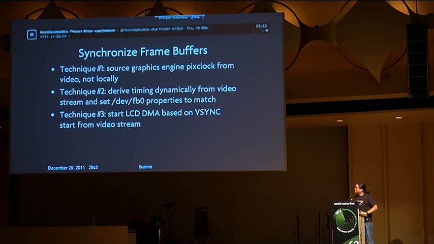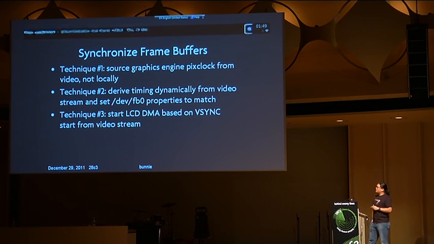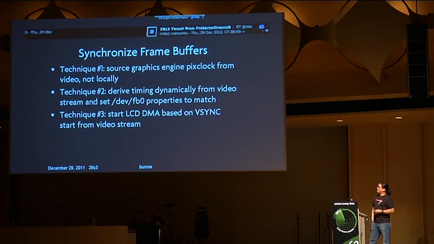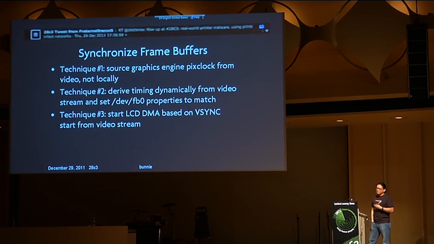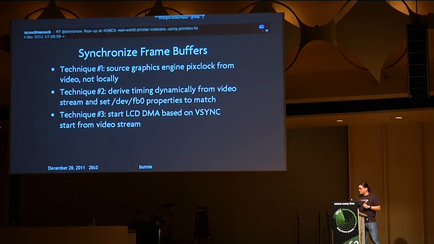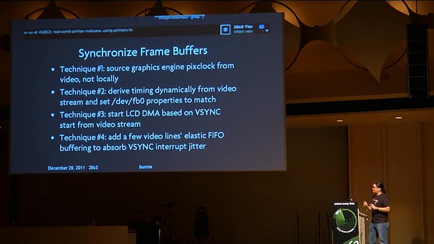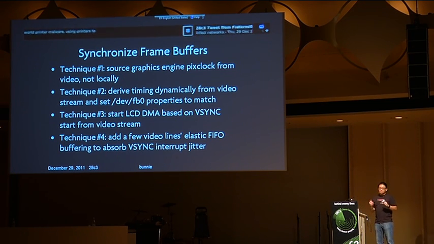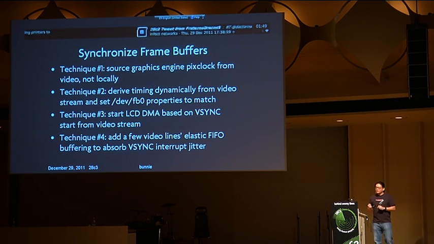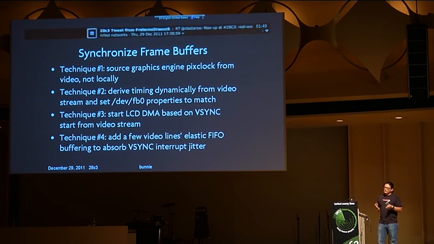The other thing is that when the LCD frame buffer starts as a DMA, we basically trigger that with an interrupt based upon the vsync from the video stream. But as mentioned before, the interrupt latency of Linux is quite long and it has a lot of jitter. So there's about 8 lines of elastic buffer within the FPGA that allows us to absorb the jitter.